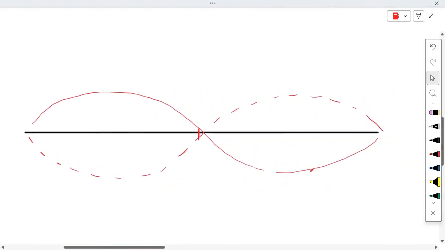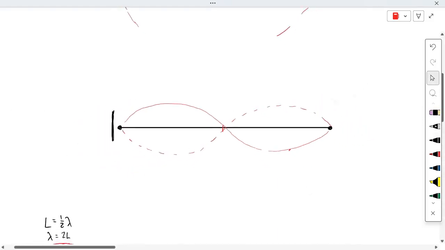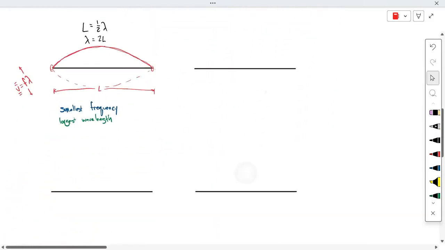I remember with my old timey phone cord, you can also do this, right? Because here's the deal: for a string, as long as the ends of the string are held down, instead of forcing the string up and down and getting one standing wave pattern, you might go up and down and up and down and up and down, and you might get what physically looks like a different pattern.